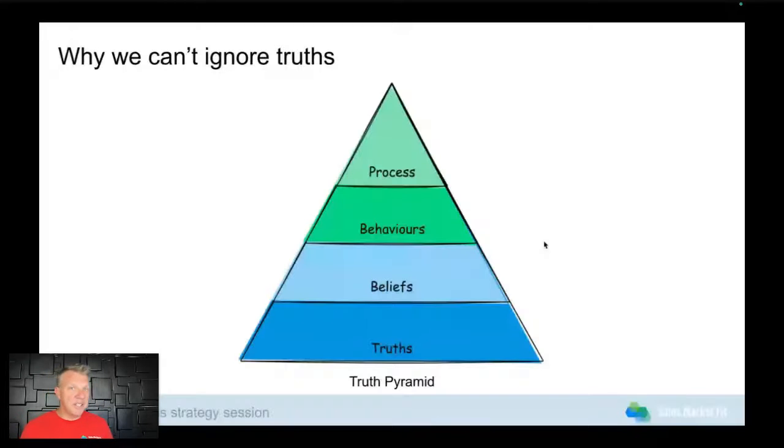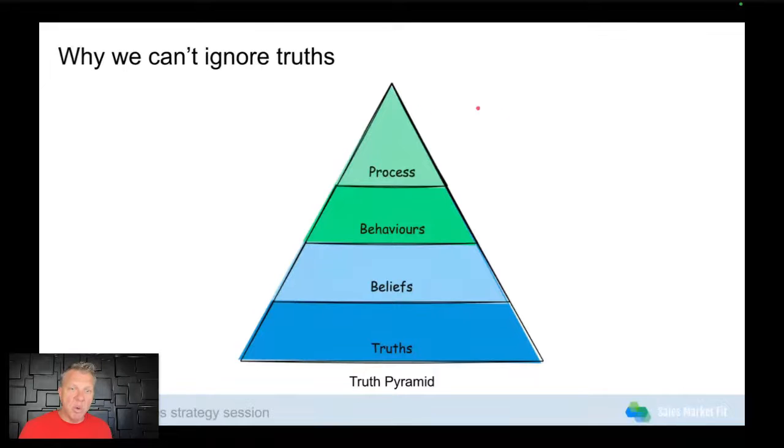So I always start with this triangle when I do a webinar. Most people, when they talk about implementing a lead generation strategy or sales process, are only speaking about changing the process.